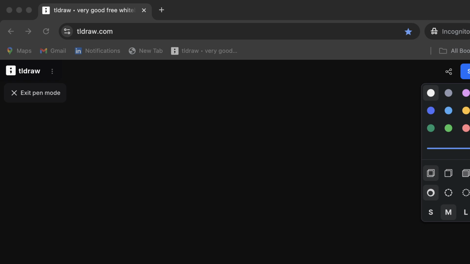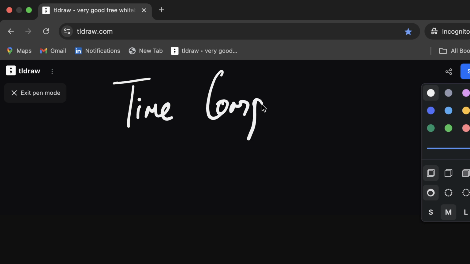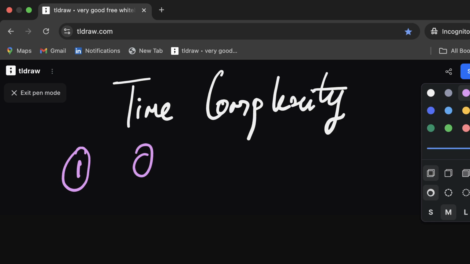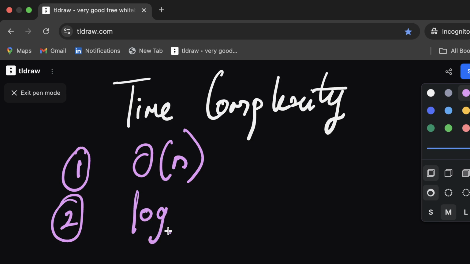Okay, so previously we studied about time complexities, right? What is time complexity? And we saw different time complexities, for example O of n, then we saw log base two.